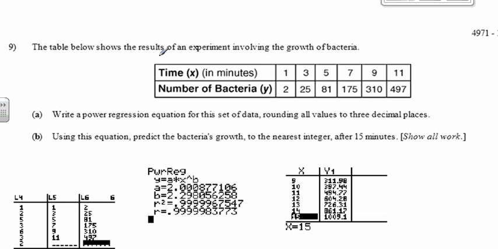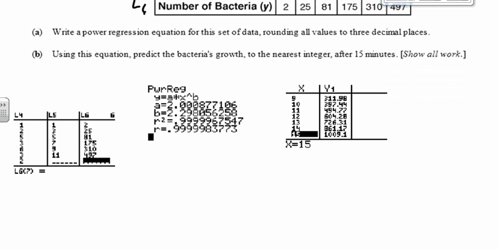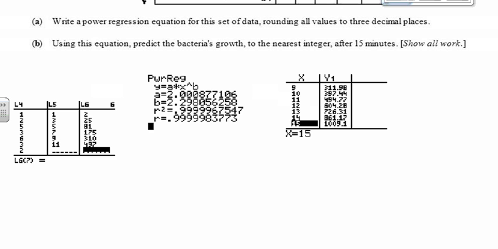Alright, the table below shows the number of results from an experiment involving growth of bacteria. There's your, in this case, this was L5 for me. This is L6. By power regression, again, when you go back to that screen on your calculator, there's a power regression. So, rounding the decimal to 3 decimal places. So now you can see the R's because I turned diagnostics on.